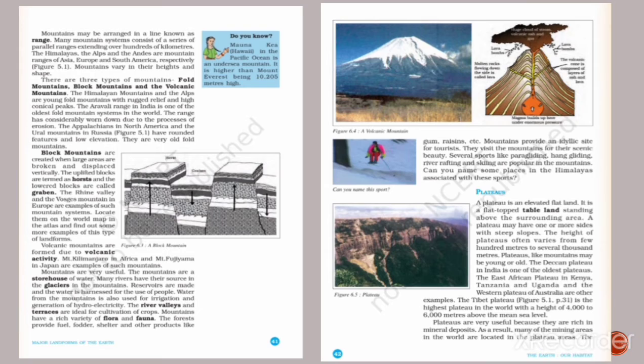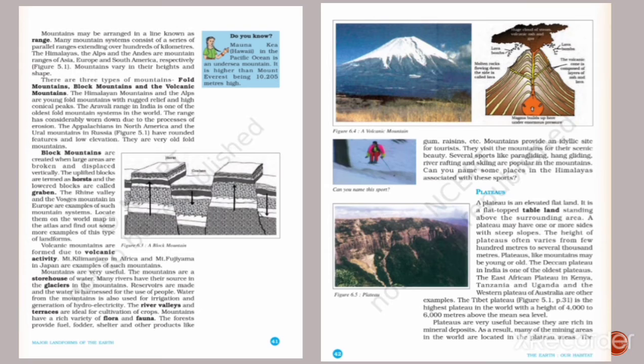Next, volcanic mountains. Whenever there is an eruption of a volcano, the lava comes out and piles around the volcanic pipe. With the passage of time, the lava solidifies and forms volcanic mountains. Mount Kilimanjaro in Africa and Mount Fujiyama in Japan are examples of such mountains.